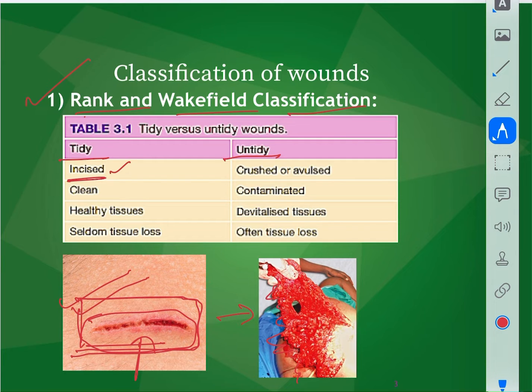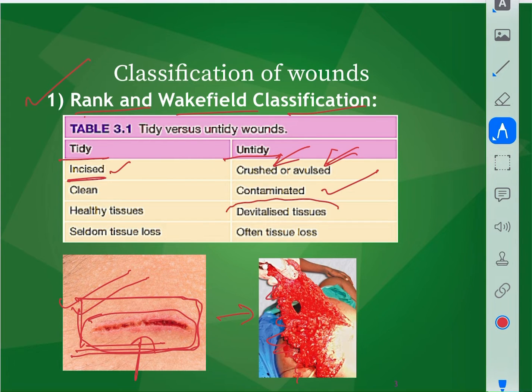The untidy wound, because of the mechanism of injury, the way it has happened, can be a crushed wound or an avulsed wound. There's a lot of contamination when the tissue gets crushed or avulsed, right? And it's not just the superficial epithelium, the superficial skin that gets abraded.